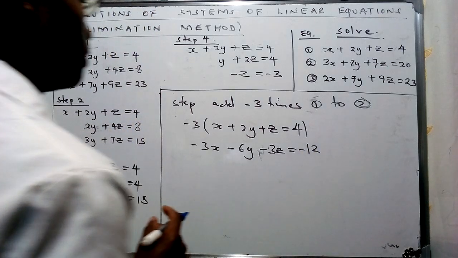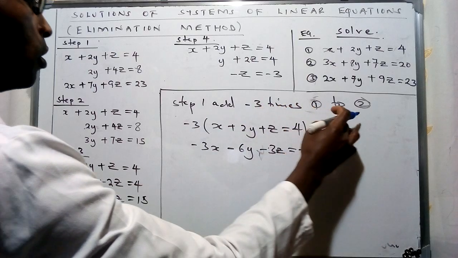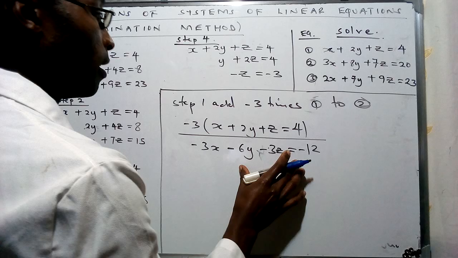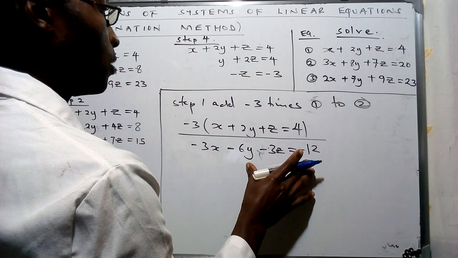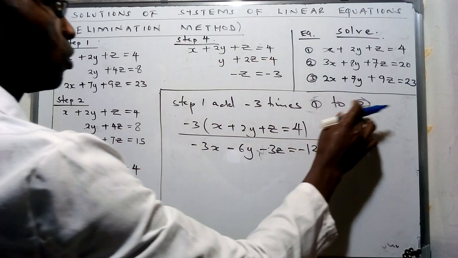So the first step, as we have said, is adding negative 3 times equation 1 to equation 2. This specific evaluation gives us this result, and this result we're going to add to equation 2, given as such.